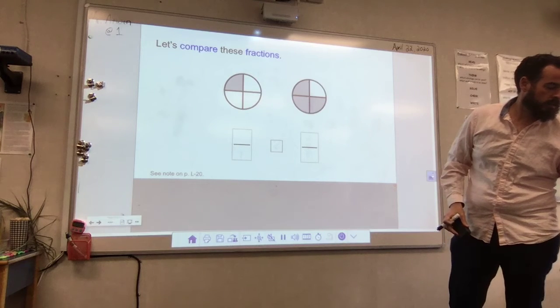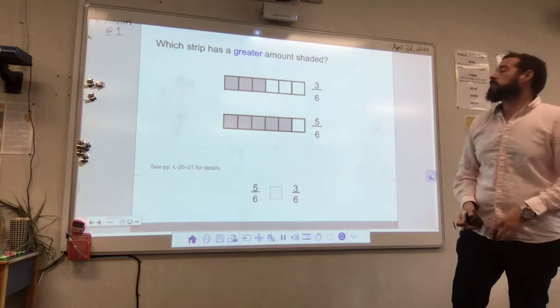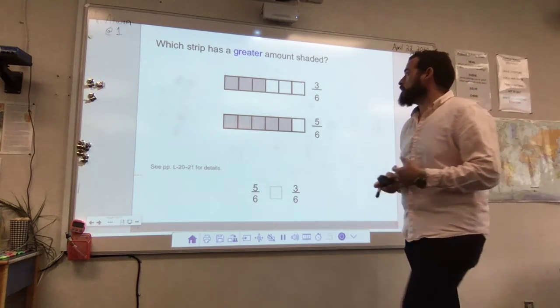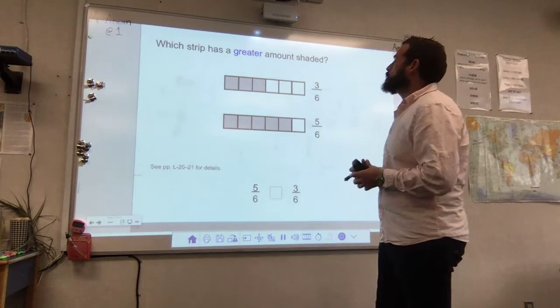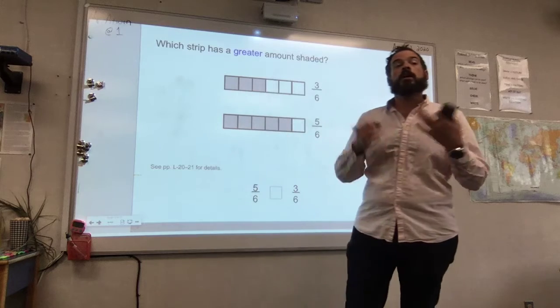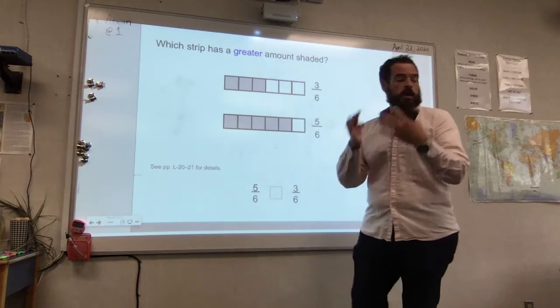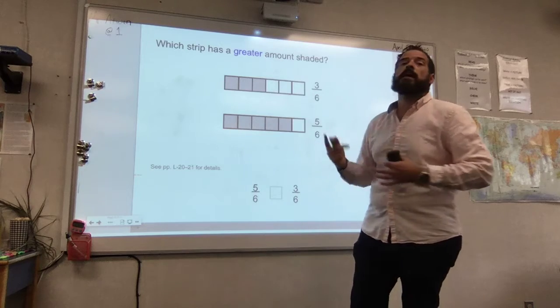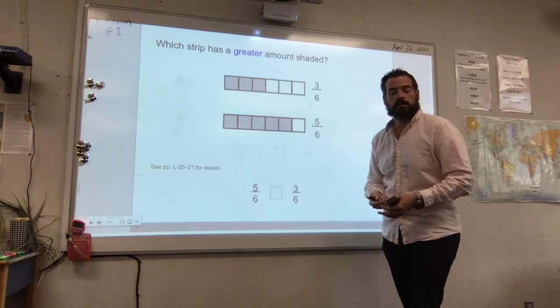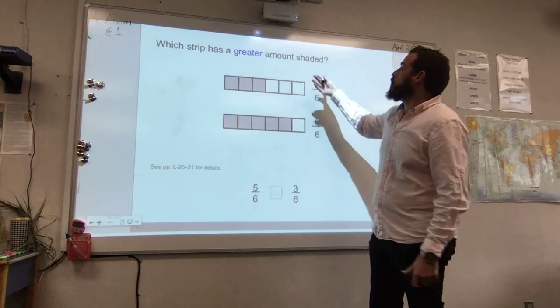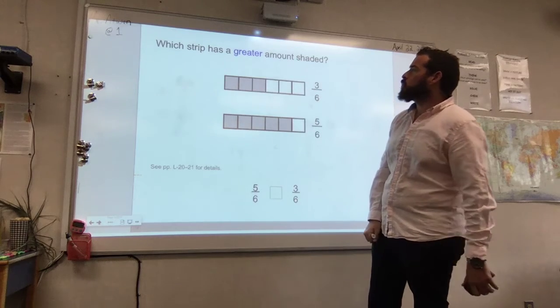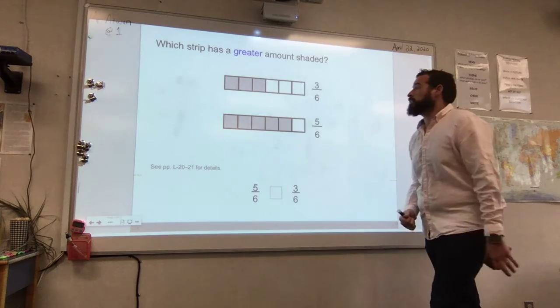It's pretty easy if you remember that. Let's take a look at the next slide. This is also something we've looked at before with our fraction strips. This might be a good time to have your fraction strips out, because they might help you with the exercises you'll be doing today on your sheet. It asks us, which strip has a greater amount shaded?